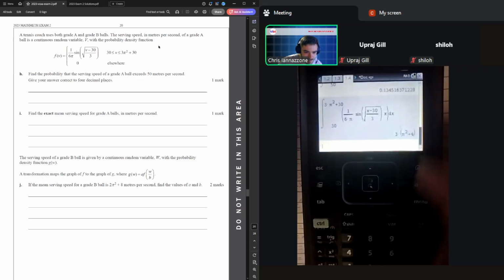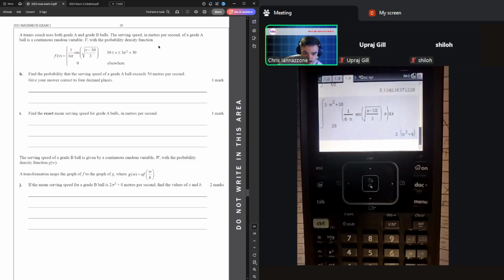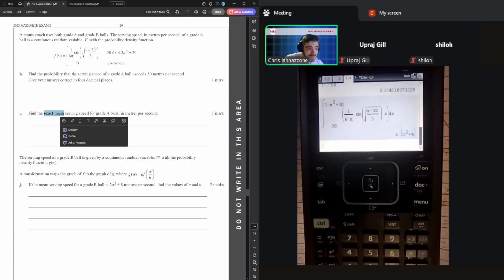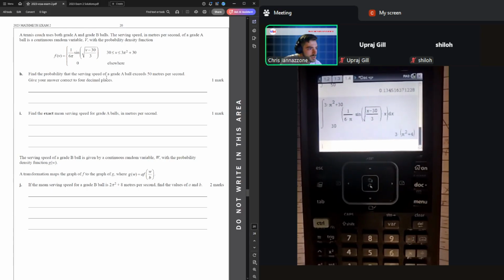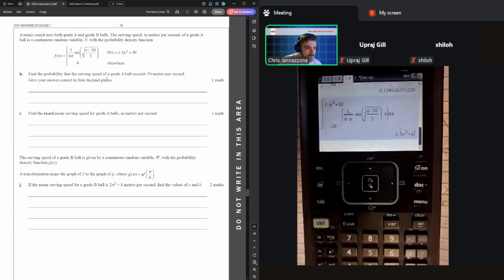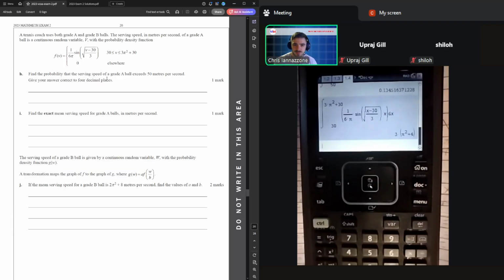As long as it's in the brackets in there, and it's all as a multiplication of the entire function, it doesn't really matter where that goes. It does say find the exact mean, and so you would give exactly this as your answer: 3 bracket pi squared plus 4, or if you really wanted to, you could expand that out as well. That's fine. Fully factorized or fully expanded is pretty much the standard you have to meet when presenting your answer here.